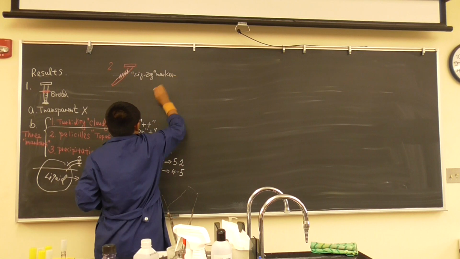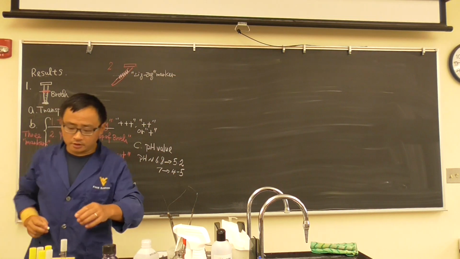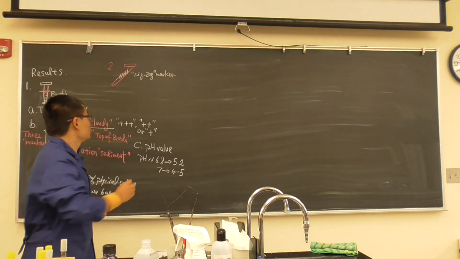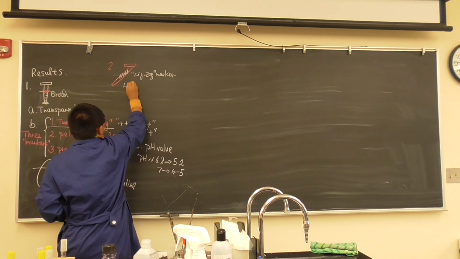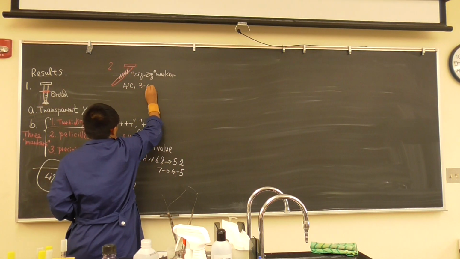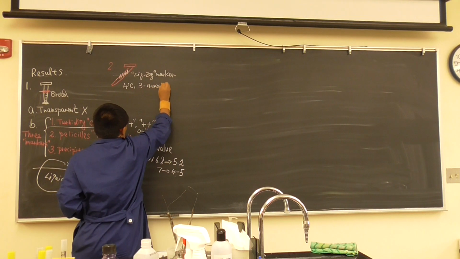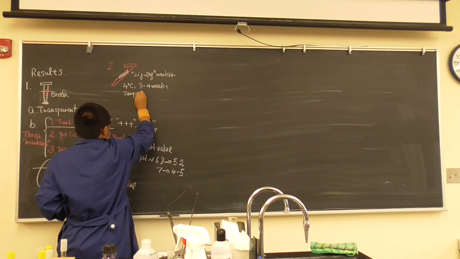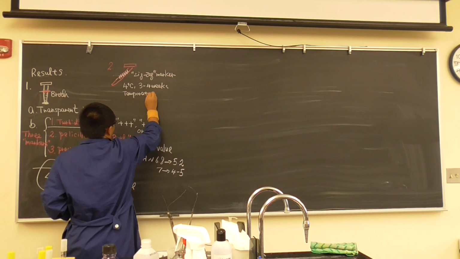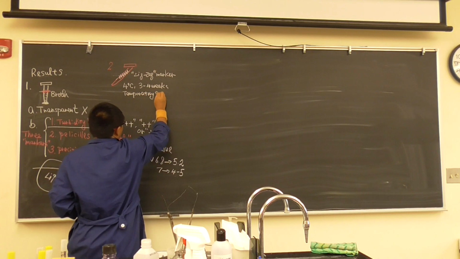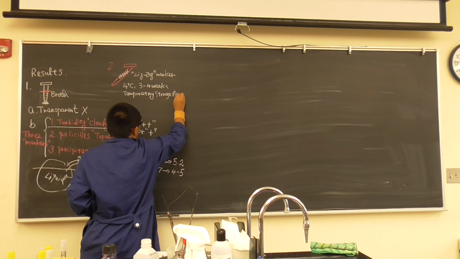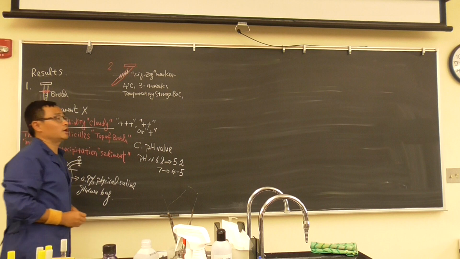And if we put this into the refrigerator for storage, usually at 4 degrees Celsius, it could last 3 to 4 weeks for temporary storage of the bacterial culture. Okay, but not too long.